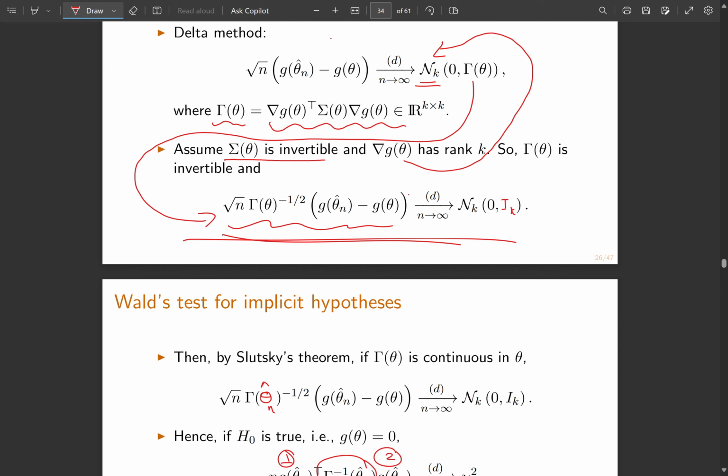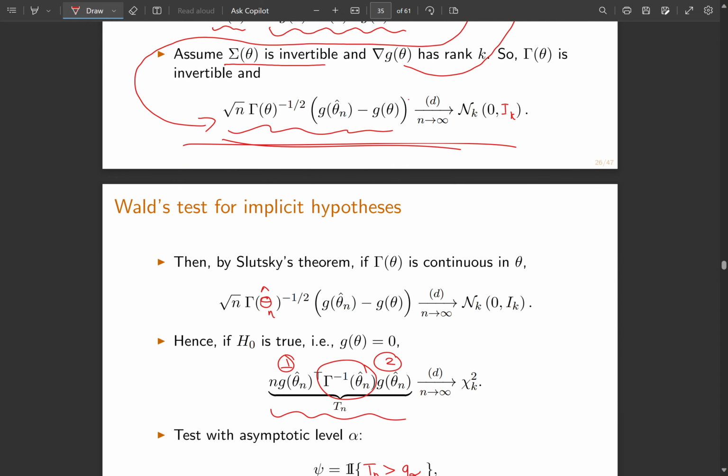We applied Slutsky's theorem depending upon whether gamma is continuous on theta. Then we can replace theta with theta hat in gamma, such that it is asymptotically normal, standard normal.